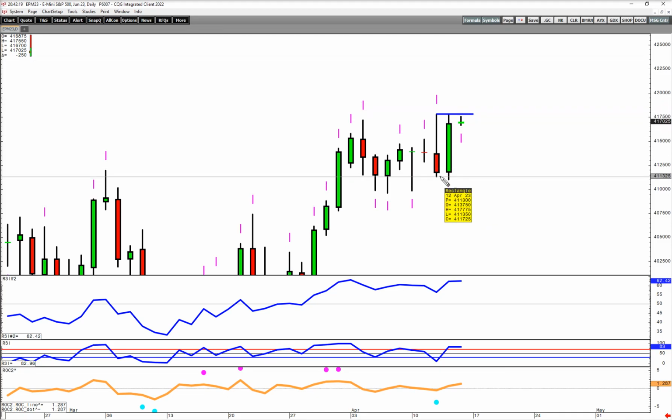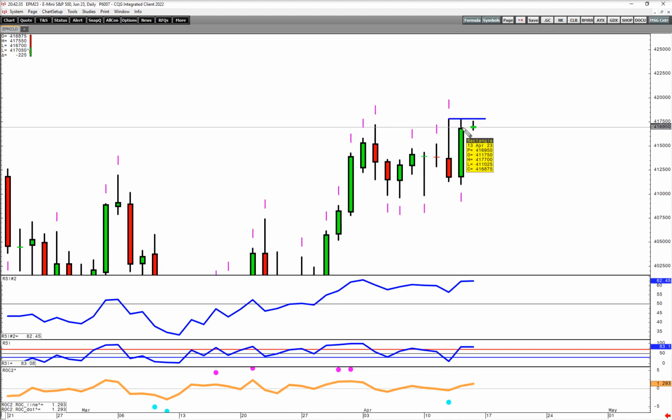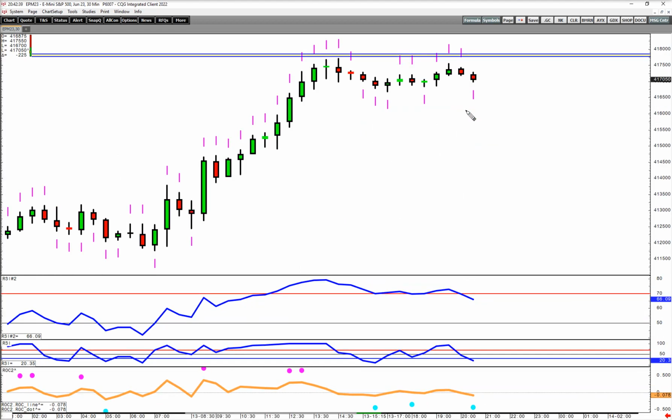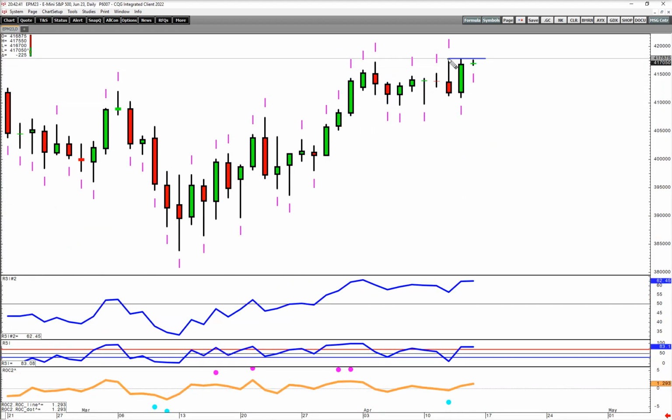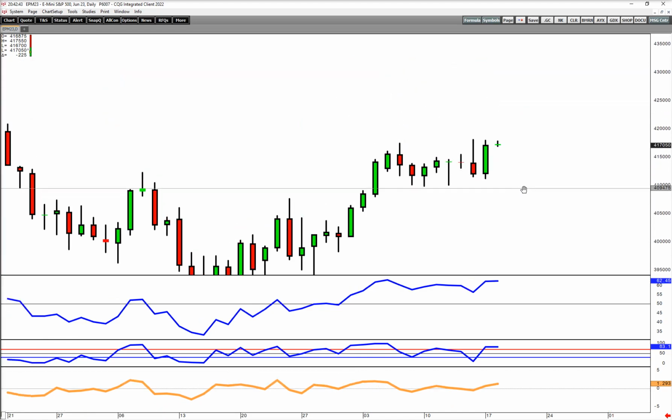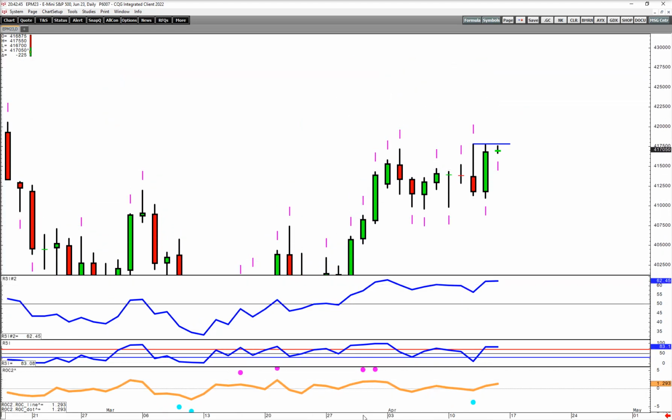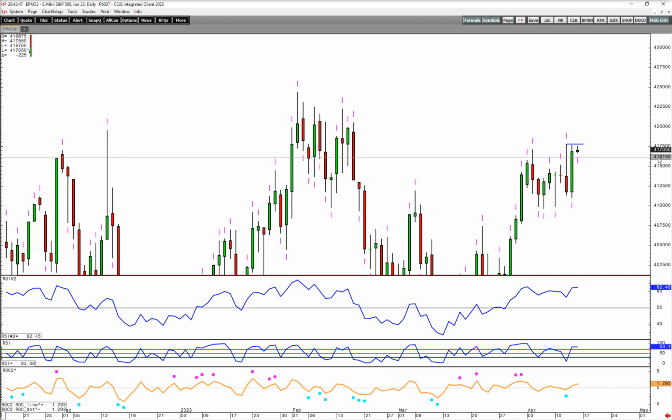This could be one of two situations. One is the 2B has triggered, and then this is the ultimate gut check going up to within 3 ticks of that high. We got to 4177 versus 77.75. But given that we are spending more time up in this area, I don't actually think that is the scenario that's playing out. I think what will happen is we will take out that 4178 level and move even higher.